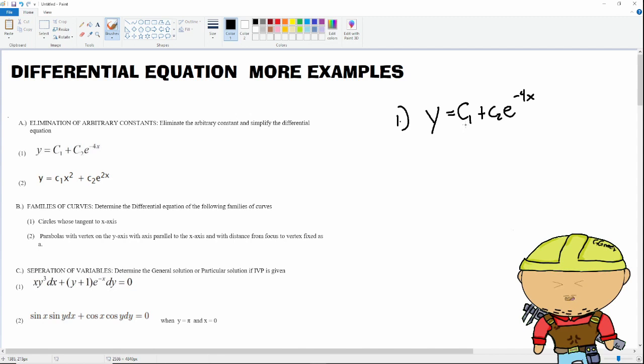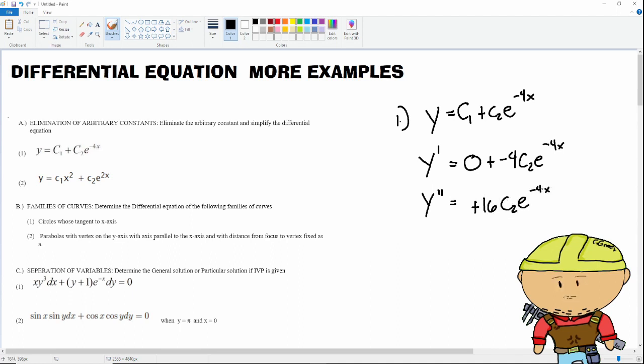So you have two, c1 and c2 are two arbitrary constants. We differentiate twice. y prime is equal to c1 as a constant... plus negative 4 c2 e to the negative 4x. y double prime is equal to positive 16 c2 e to the negative 4x.